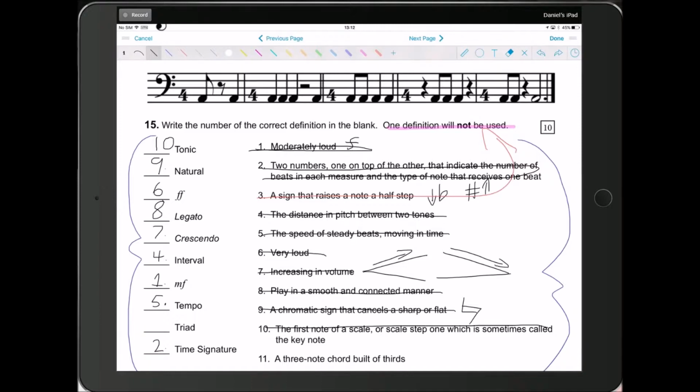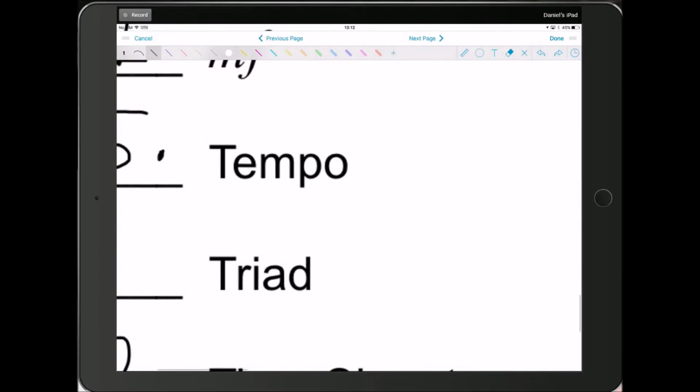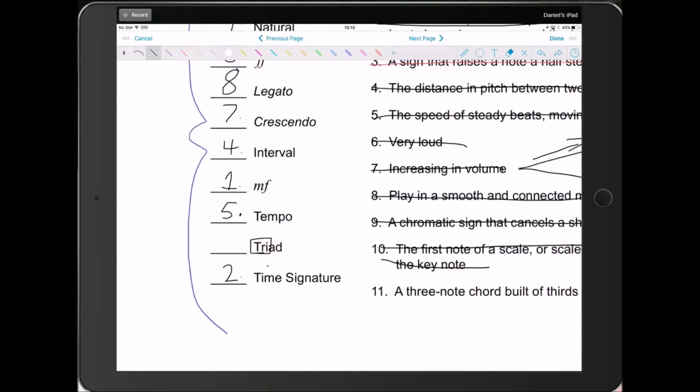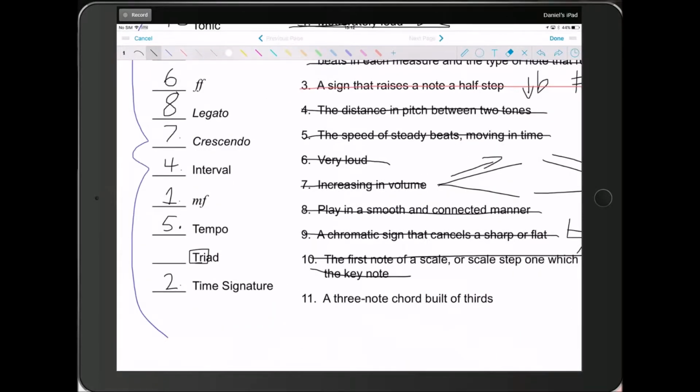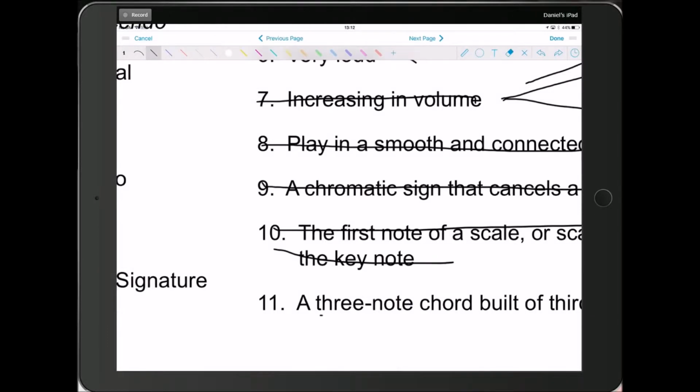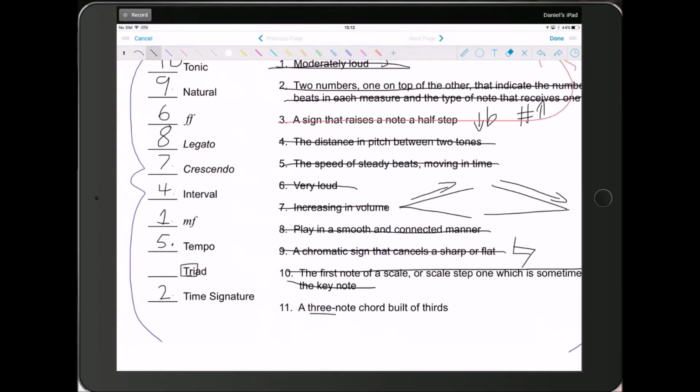Alright, and number 11, by default, should be triad, a 3-note chord built of thirds. Remember, tri right here. Tri is the prefix for 3. Triangle, tripod, tricycle, triad is just a 3-note chord built on thirds. You see the word 3, you should automatically think tri.